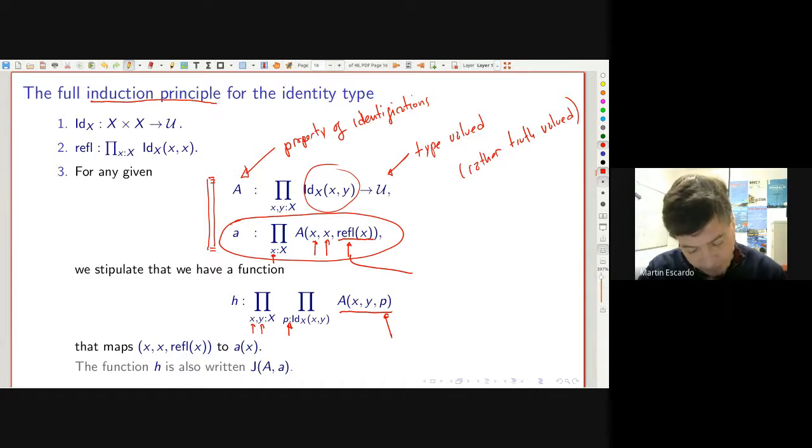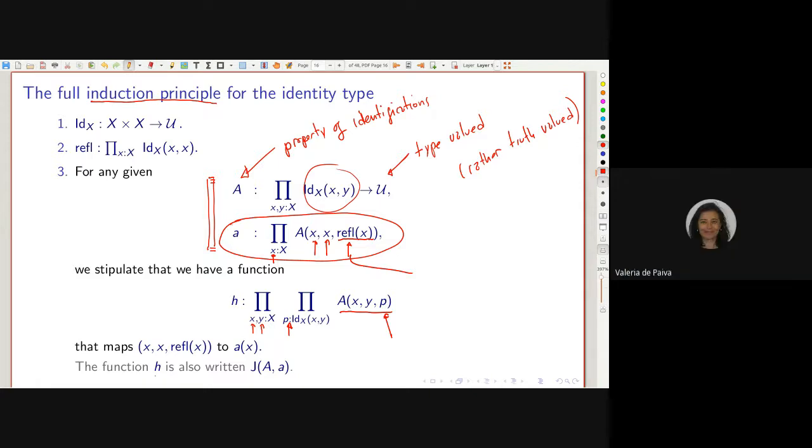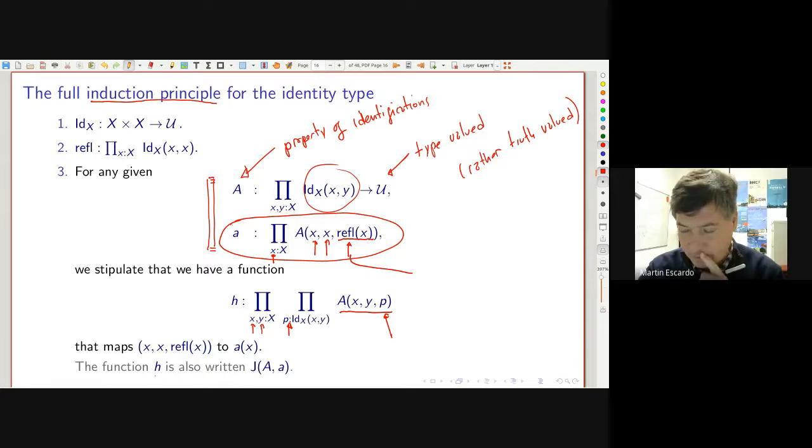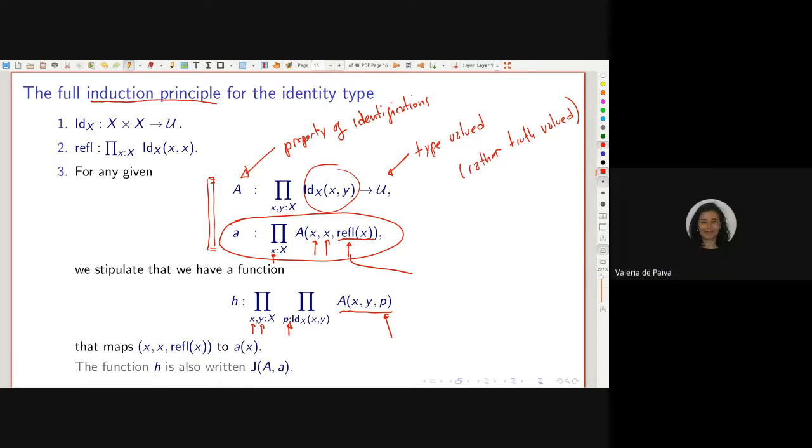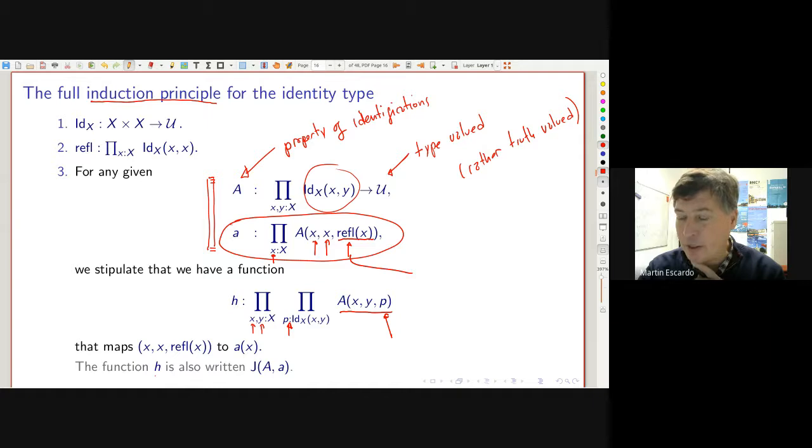Okay. But one question there. The reflexive thing. Isn't that identity again? Well, if it were a function, it would be the identity function, yeah? But it is not a function.